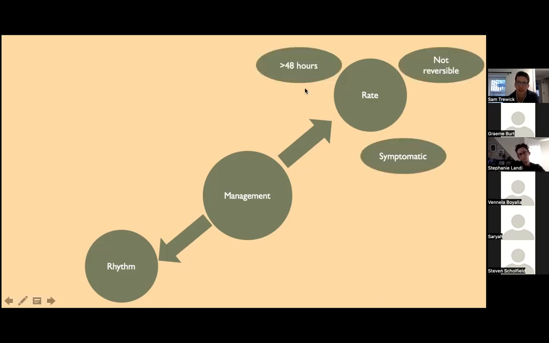Patients who are symptomatic with palpitations, patients who have got non-reversible causes of their AF. They might be in permanent AF, or there's nothing that we found in our investigations, like altered electrolytes. And also if they've been having symptoms or definitely been having AF for longer than 48 hours, they're rate control in the first instance.